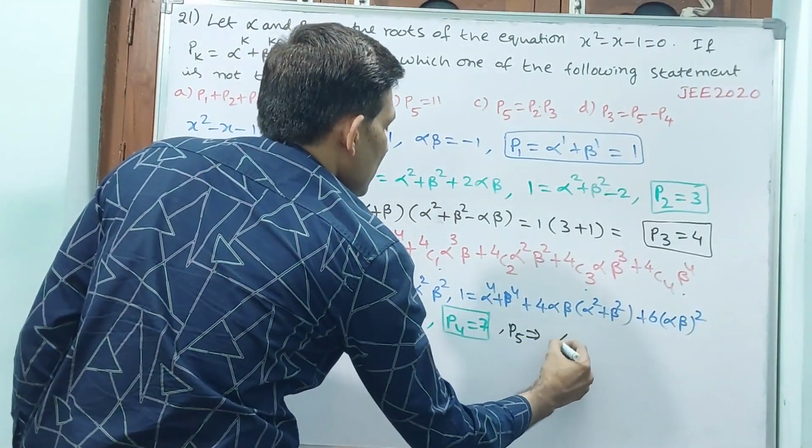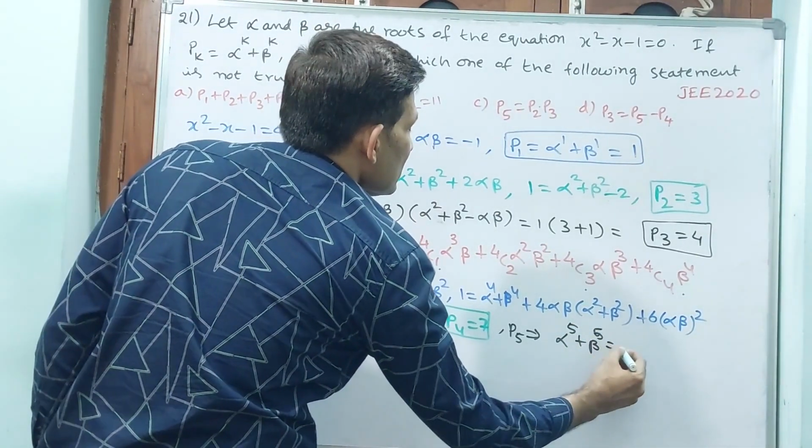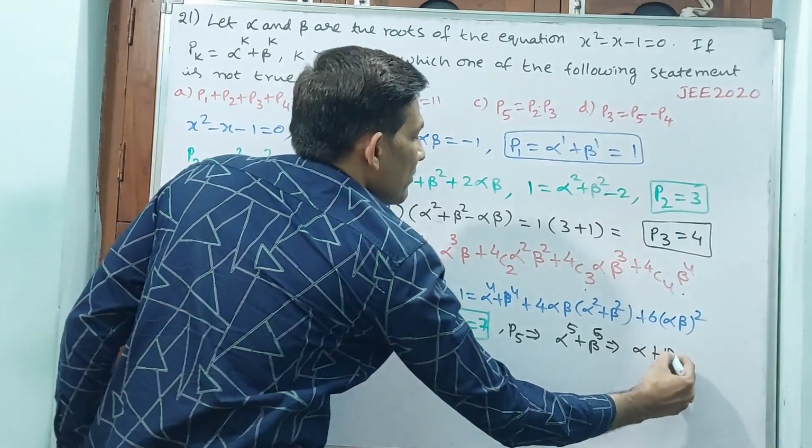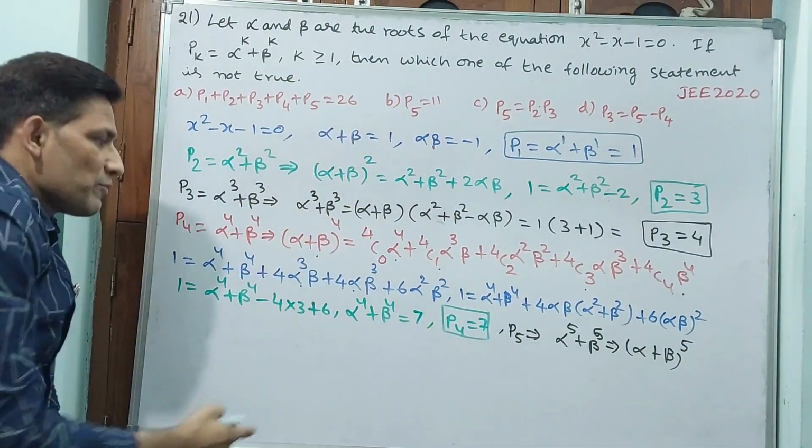This implies alpha to the power of 5 plus beta to the power of 5 is implied by (alpha plus beta) whole to the power of 5. See, (alpha plus beta) whole to the power of 5 means 1 only.